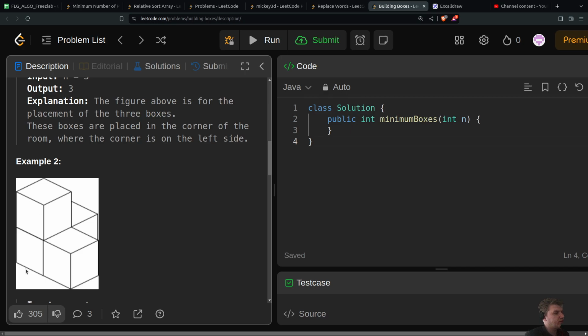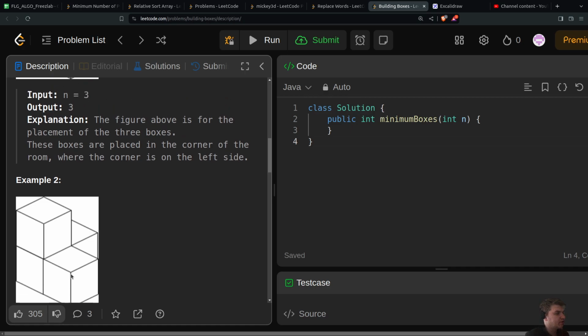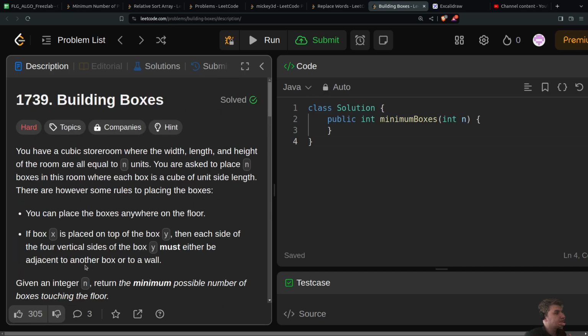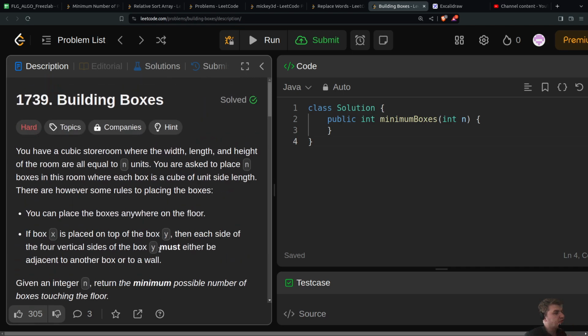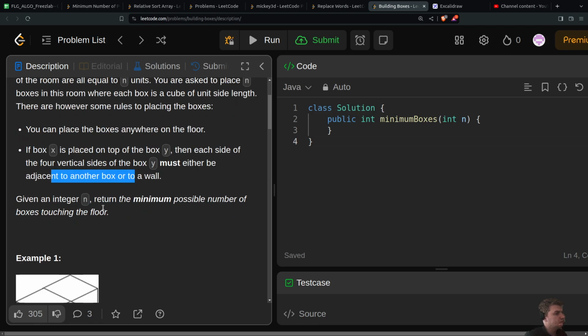That's why it doesn't need that to support the higher box, but it still needs it here and here because there are no walls there. So it must be adjacent to another box or wall, and I should return the minimum possible number of boxes touching the floor.